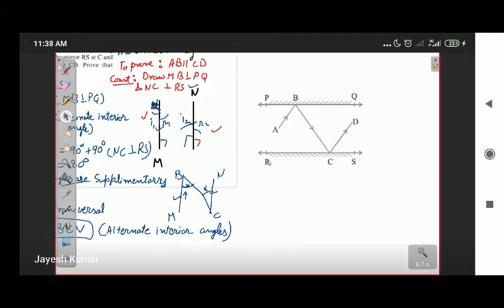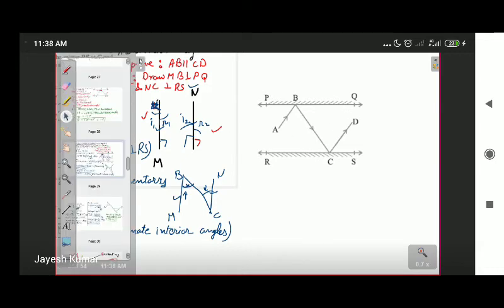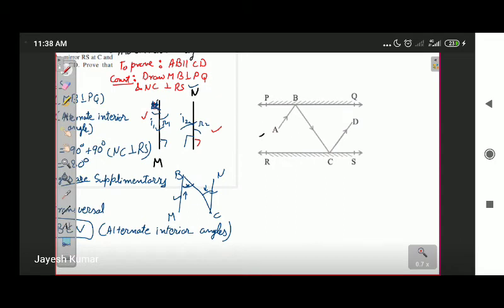we had a pair of parallel mirrors. There was an incident ray and a finally reflected ray. This was the incident ray, this was the finally reflected ray, and we were supposed to prove that these two rays were parallel. So what we did was, we proved that the pair of alternate interior angles for these two rays are equal.